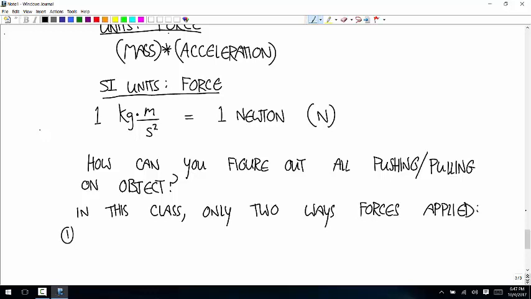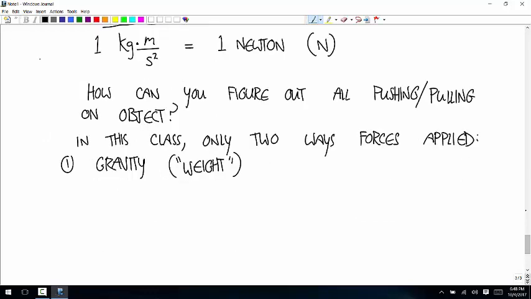The first one is by gravity. That's the weight. And the second thing is contact with a touching body.